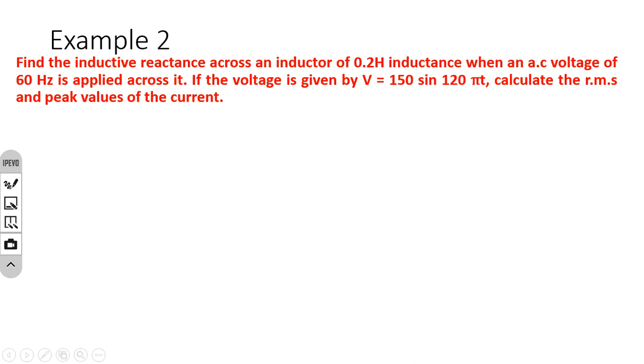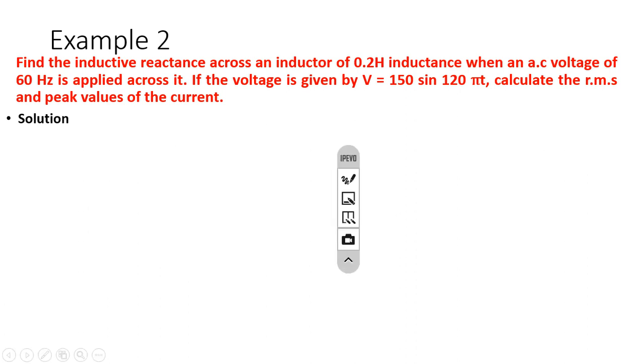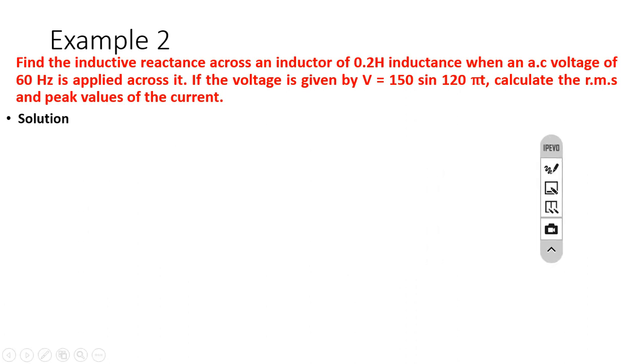If the voltage is given by V equals to 150 sine 120 pi t, calculate the root mean square and peak values of the current. So you have to consider the quantities being given, and then the next thing is for you to now consider the units, the symbols which we are going to use.